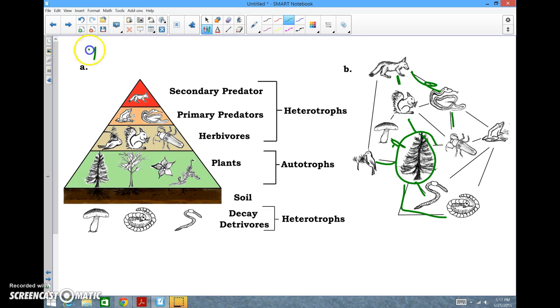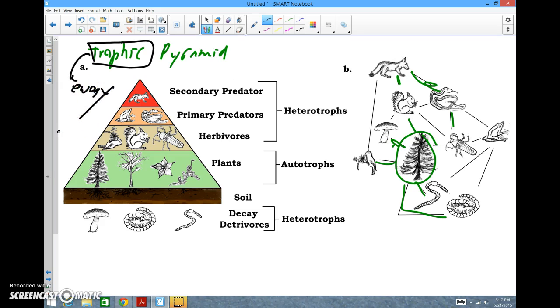What we sometimes do is we like to organize this food web into what we call a trophic pyramid. And a trophic pyramid, this term trophic just means energy. So a trophic pyramid basically is just a way for us to show how the amount of energy in an ecosystem decreases. So you take a look here, plants, okay?